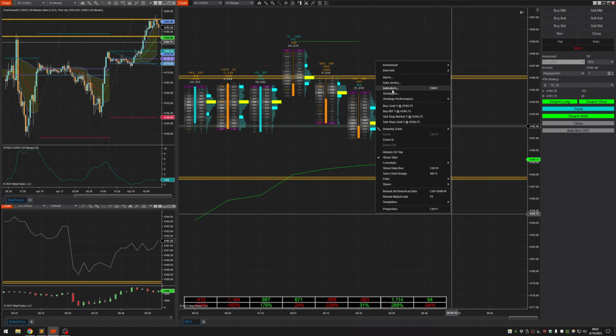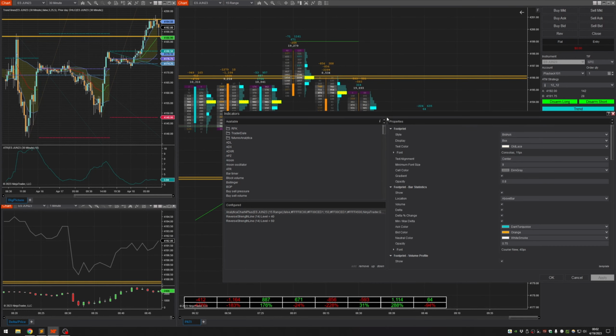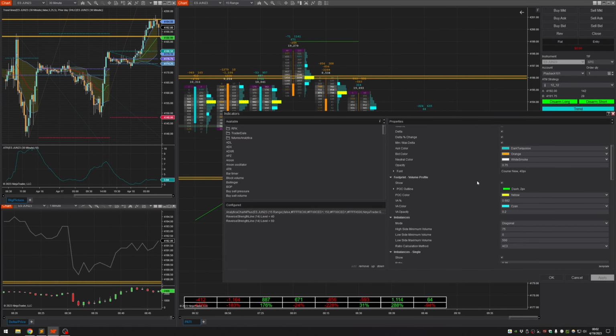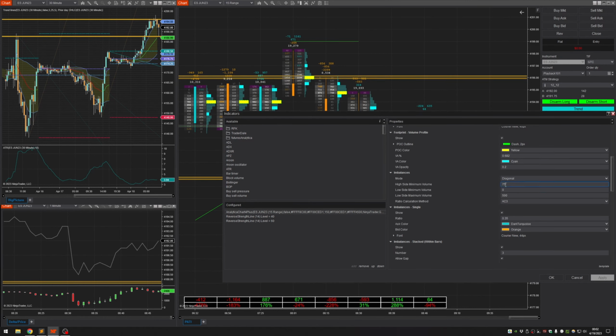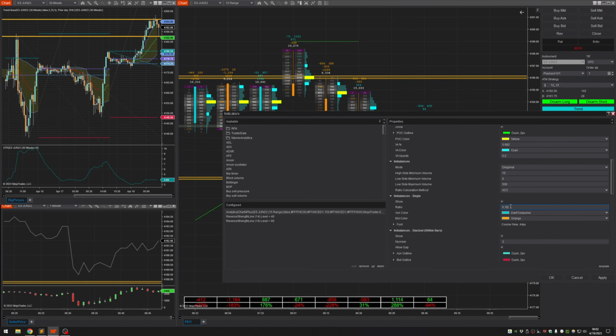I'm actually going to check my indicators just to make sure that my volume is set properly. Ratio looks good. Volume looks good.